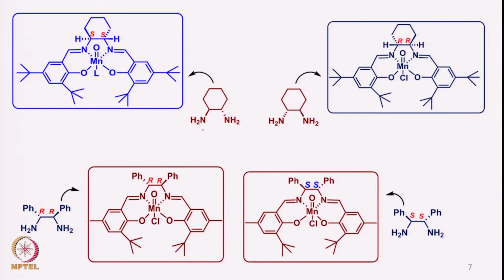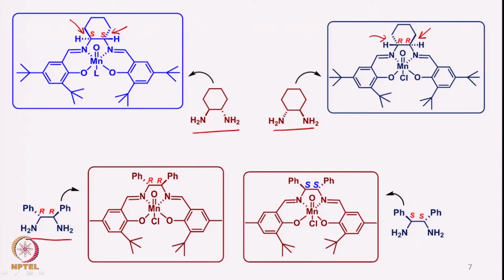Now if we take this particular amine, we get this complex in which we have the configuration here as SS, and if we take this particular amine, then of course we have exactly opposite, we have this RR configurated oxo manganese complex. In addition to this particular cyclic amines, these amines also have been employed, and they can also be readily prepared by kinetic resolution method or many other chemical methods.